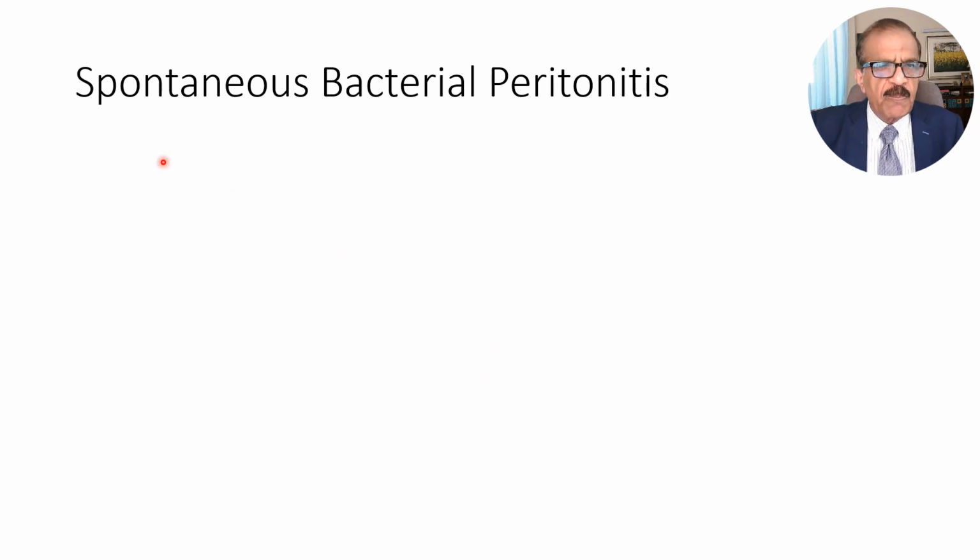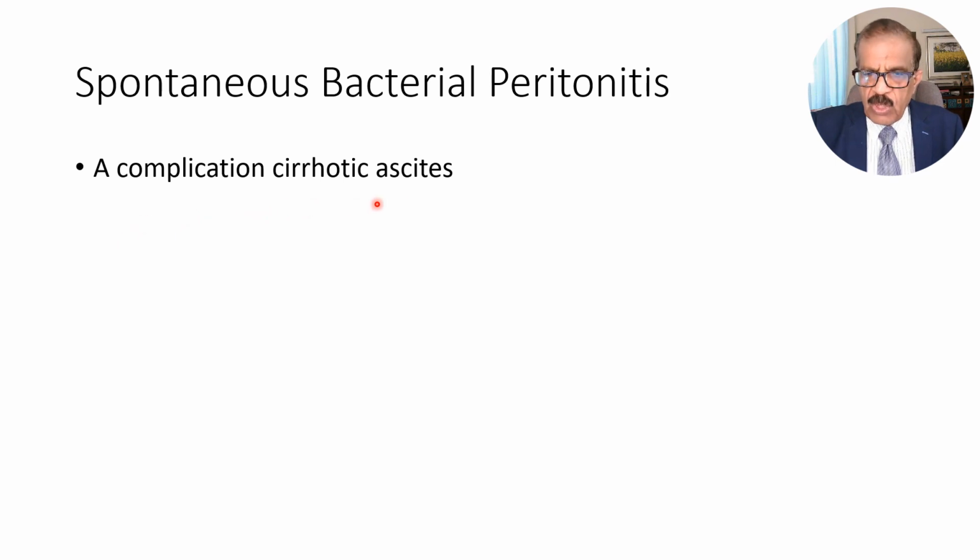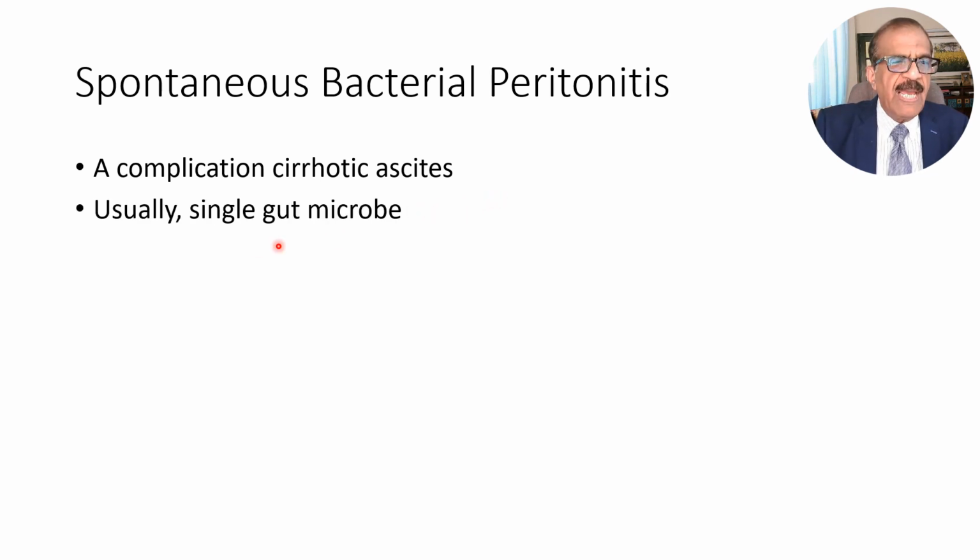One slide on spontaneous bacterial peritonitis, a complication of cirrhotic ascites. I have actually already explained how this happens. Intestinal bacteria enter the portal vein and then get out of the liver surface and enter the peritoneum where there is already fluid, and they cause infection, and usually a single microorganism, as compared to peritonitis which occurs after trauma or after gut perforation or after some viscus perforation, where there are multiple organisms.